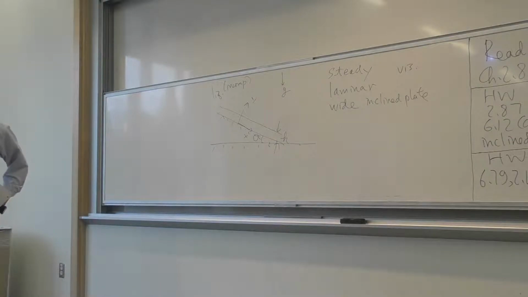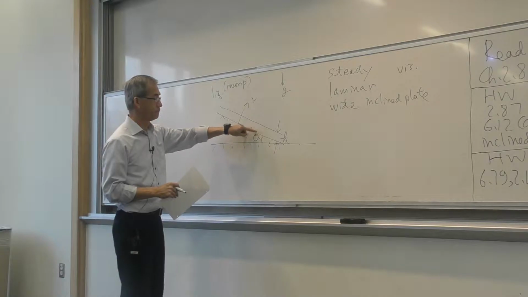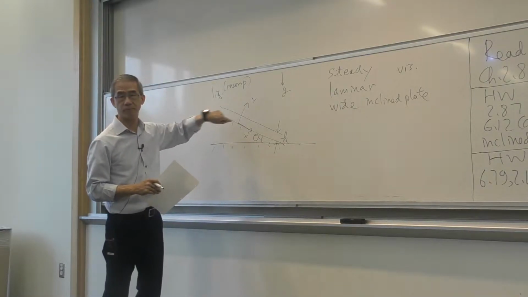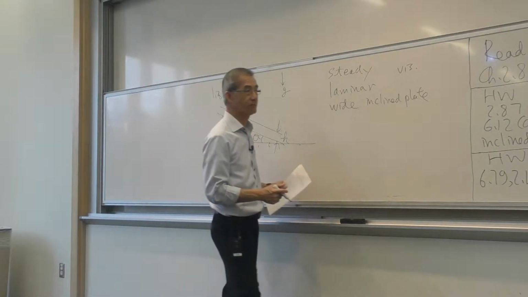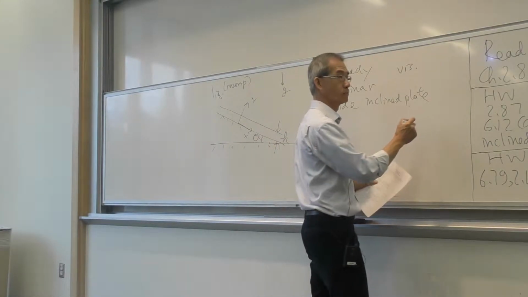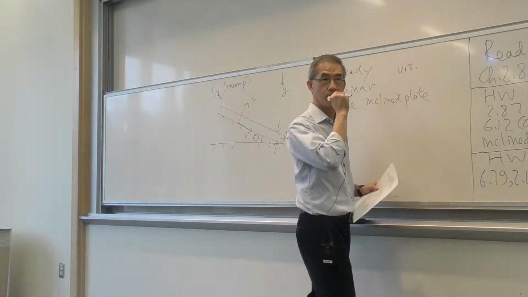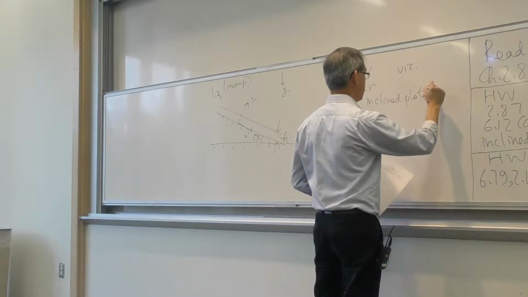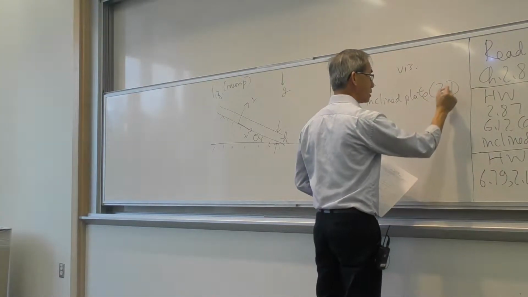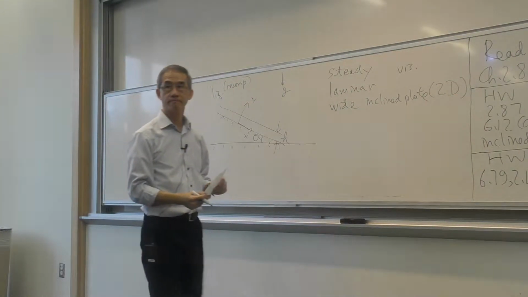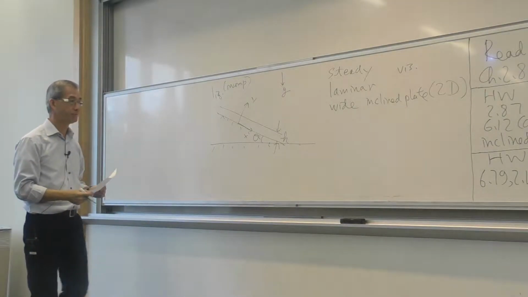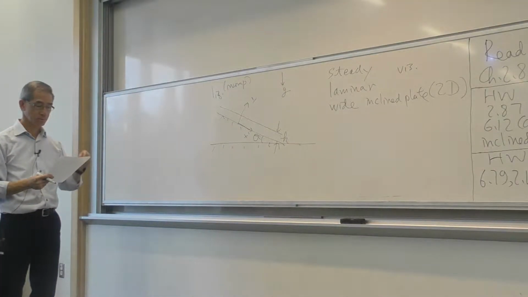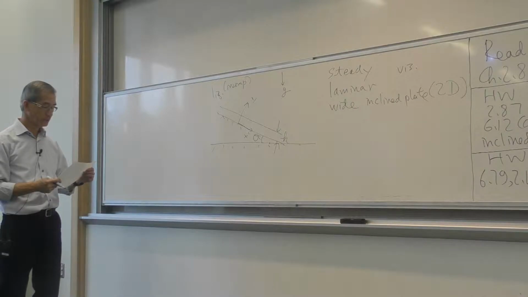Depth doesn't matter per unit. Depth doesn't matter. You mean this depth, or this depth into the paper? Meaning, what does that mean? Unity per unit depth, but more importantly, it's a 2D problem. Two-dimensional problem, which is stated in the problem too.